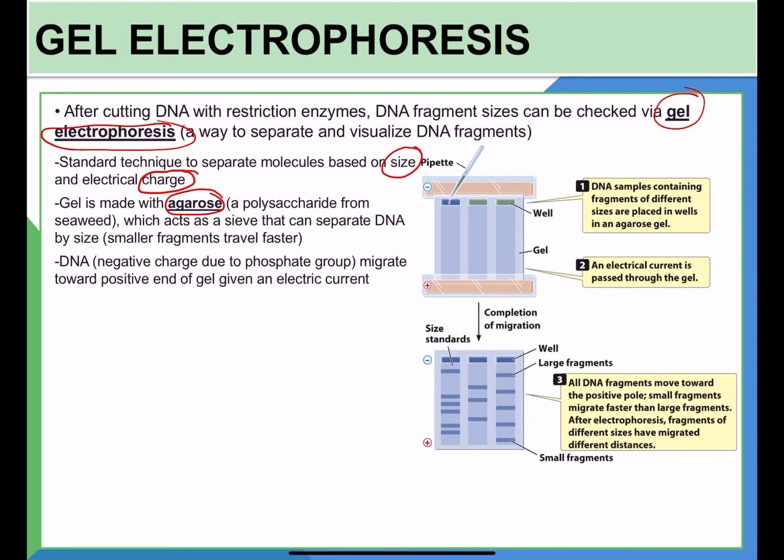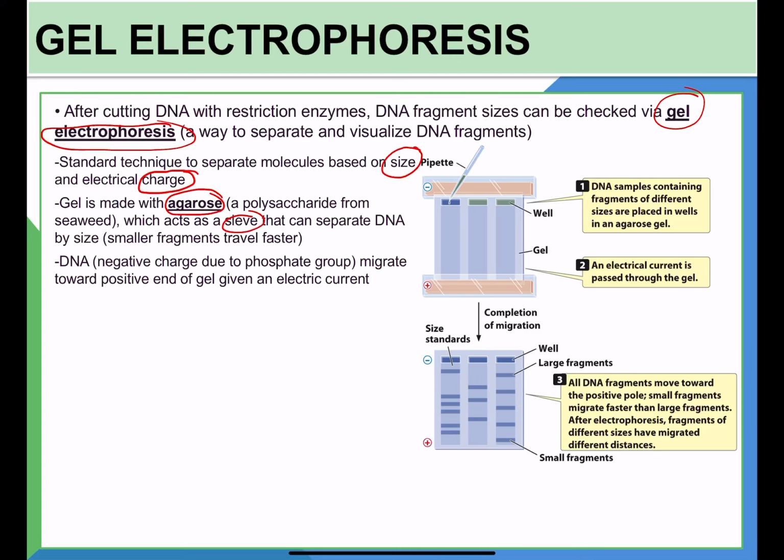Anyway, so the gel itself acts like a sieve. Okay, we call it a molecular sieve, that will sort any molecules that travel through it by size. Bigger things will travel slower through the sieve, while smaller things will travel faster.